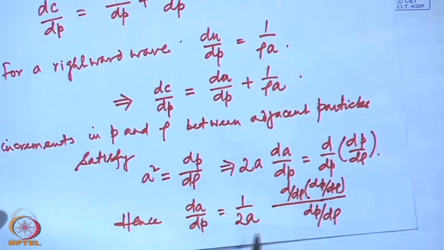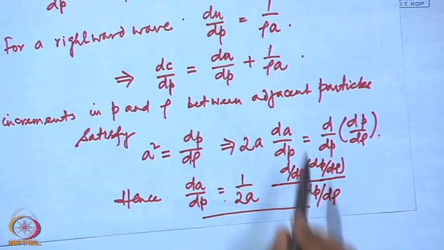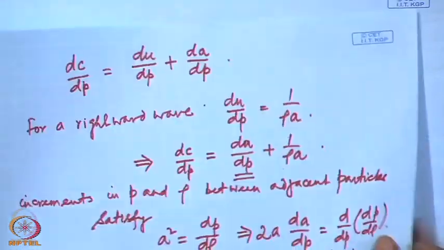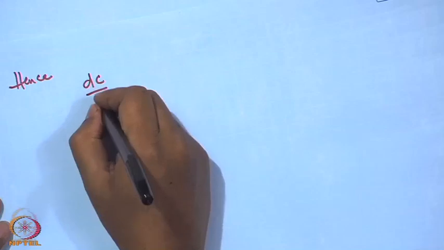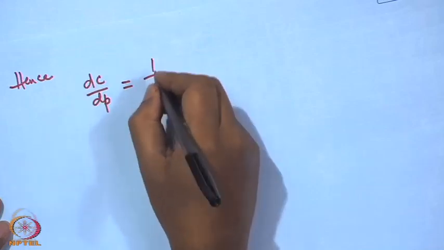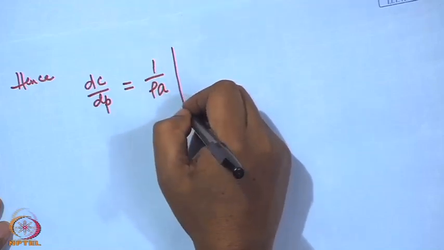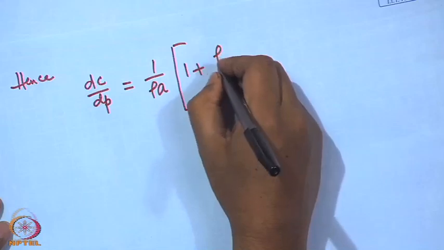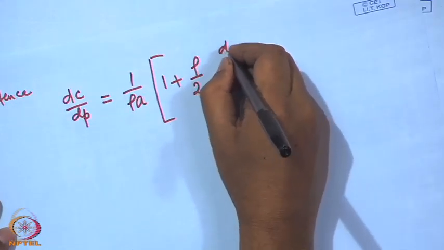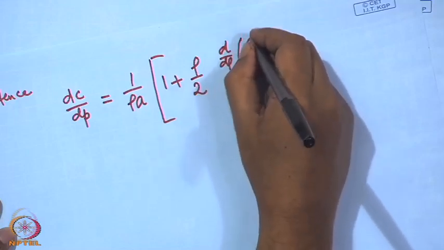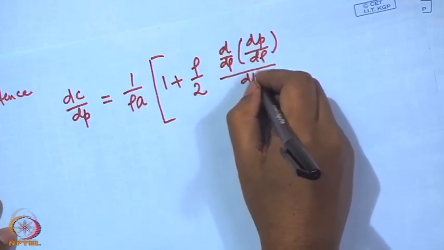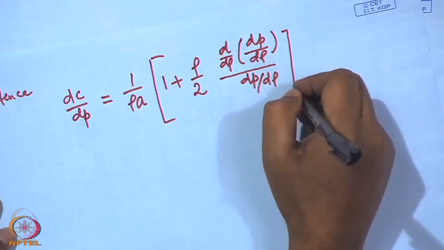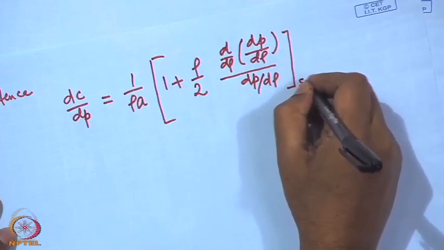Now, substituting this relation here, we get, at constant entropy.